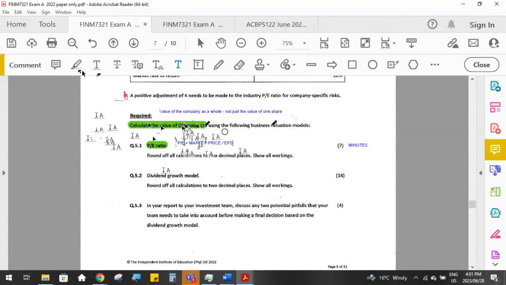Okay, so we then want to know what PE ratio is appropriate for this company, and we will then work out what the earnings per share is for this company. And then once we know those two things, we can then work out the price.